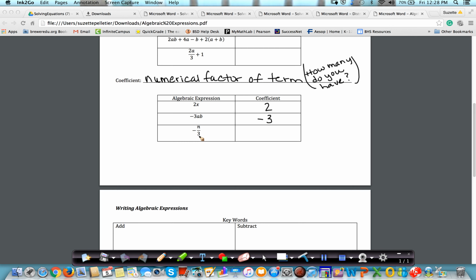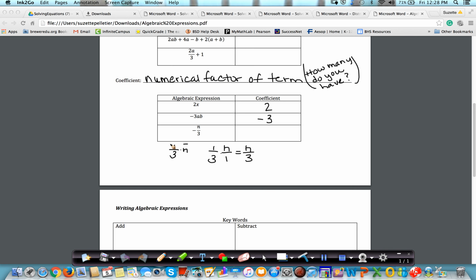How many n's do you have? This one's tricky because we're dividing. So remember that division can be written as multiplication, right? So if you do 1/3 times n, that's the same thing as n over 3, or n divided by 3.